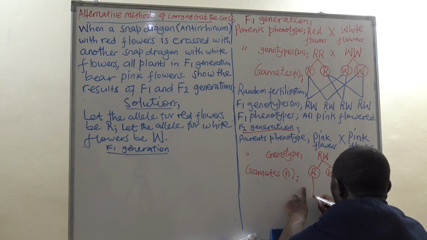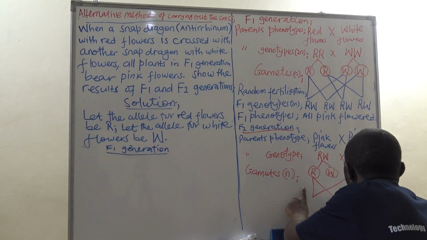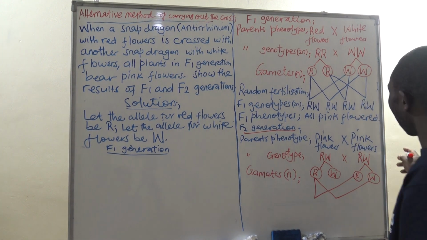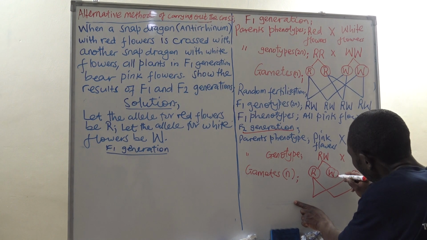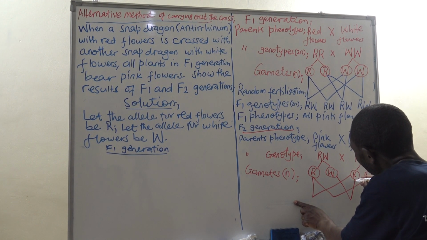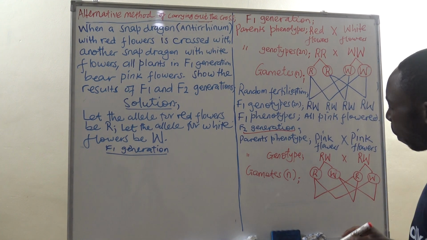This allele can fuse with this one here, and also has a chance of fusing with allele capital W. Also this one here has a chance to fuse with either allele of the other gene, as shown on the board.